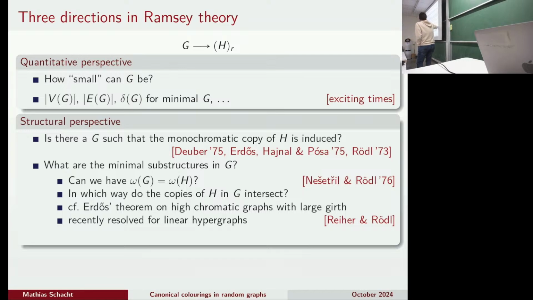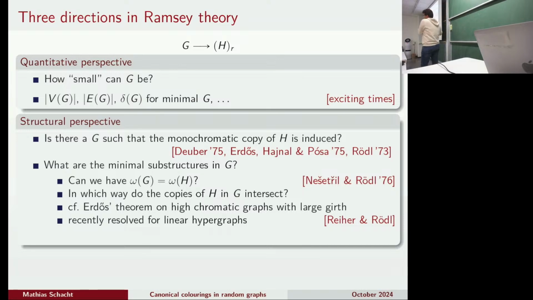And this was also answered for hypergraphs recently by Rödl and Ruciński last year, where they proved that if you consider edge colorings, then locally all you will see are tree-like structures of copies of H. There's a Ramsey graph G which doesn't have short cycles of copies of H.